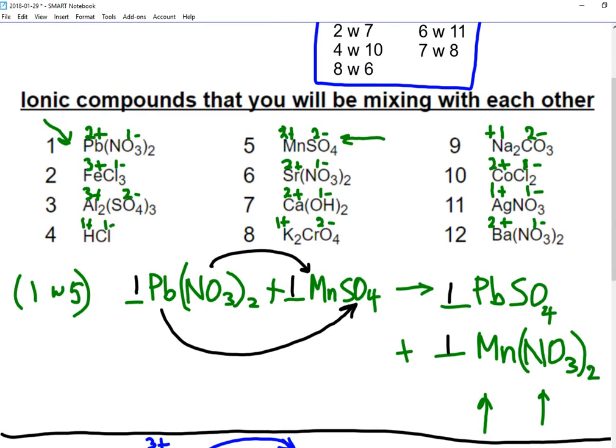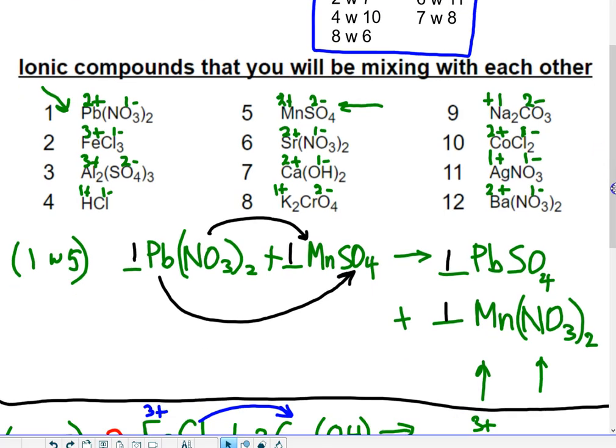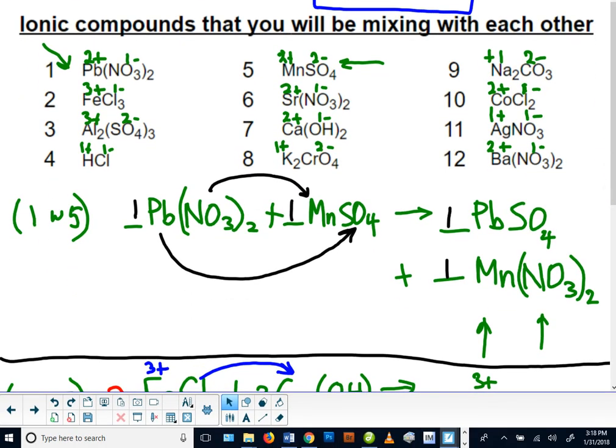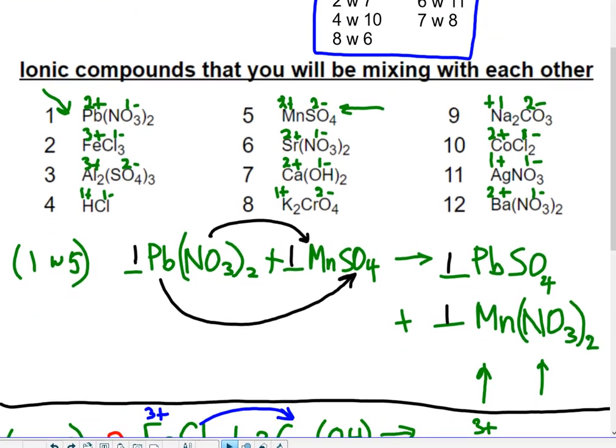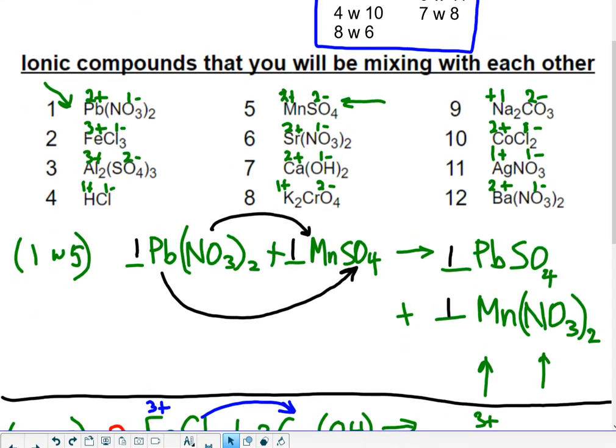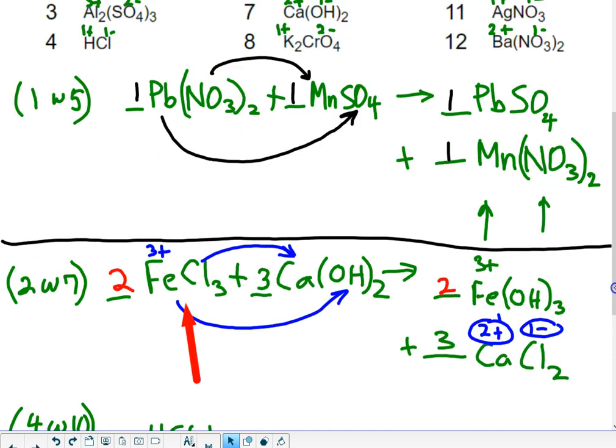10 is cobalt chloride. So we're going to, oops, I just messed something up here. I'll put this back where it was. Now we're seeing the right part of the screen. All right. I've got to move that over here.